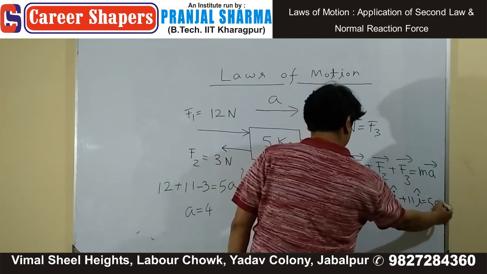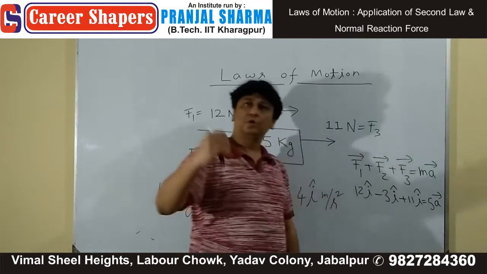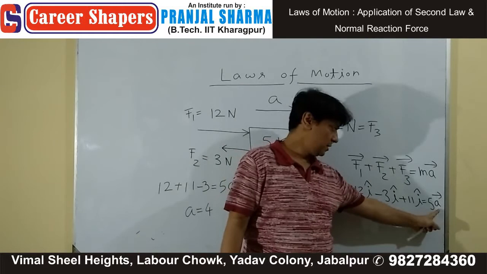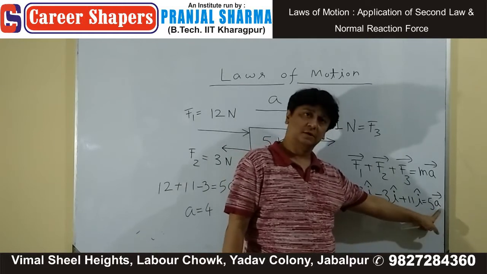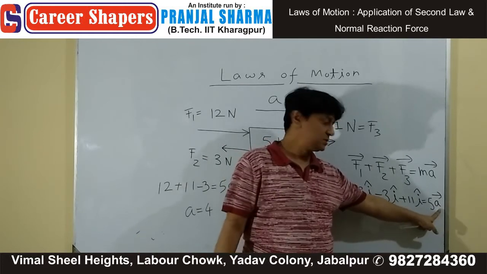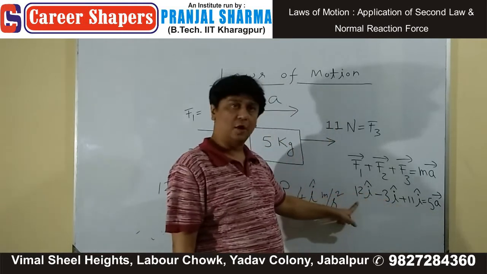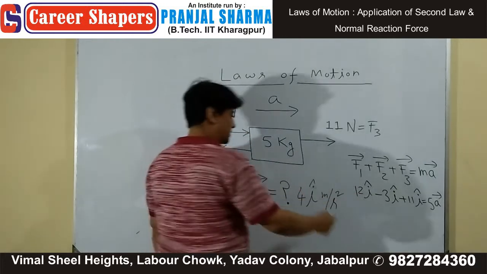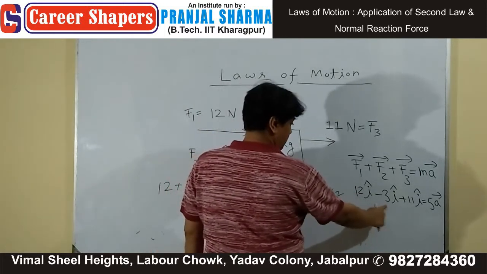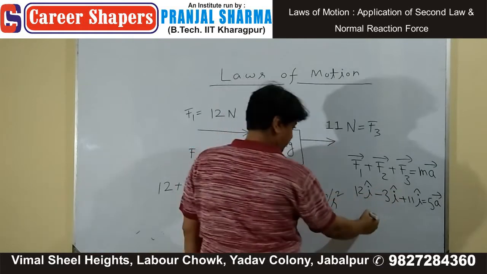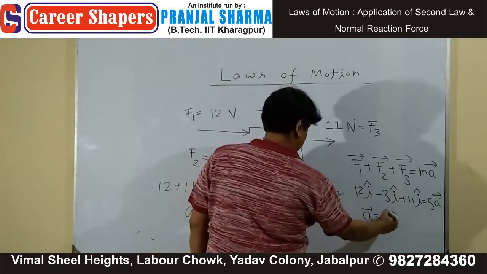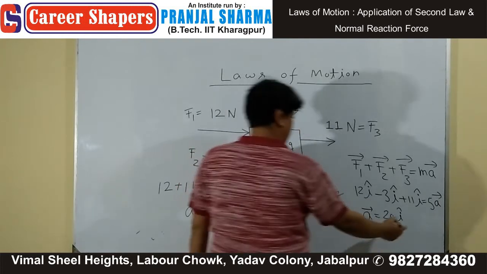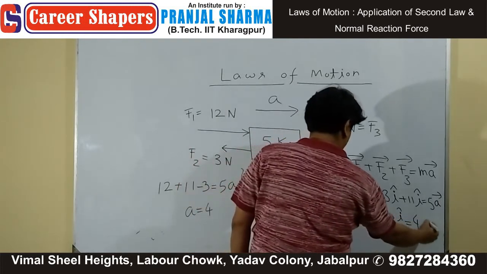Mass 5, acceleration A. Do not use any I cap or J cap or anything with A. Leave it like this. Whatever its direction is will come out with the help of this line. So this becomes what? 12 minus 3, 9, plus 11, 20, divide by 5. So your A is coming 20 I cap divided by 5, and it becomes 4 I cap.